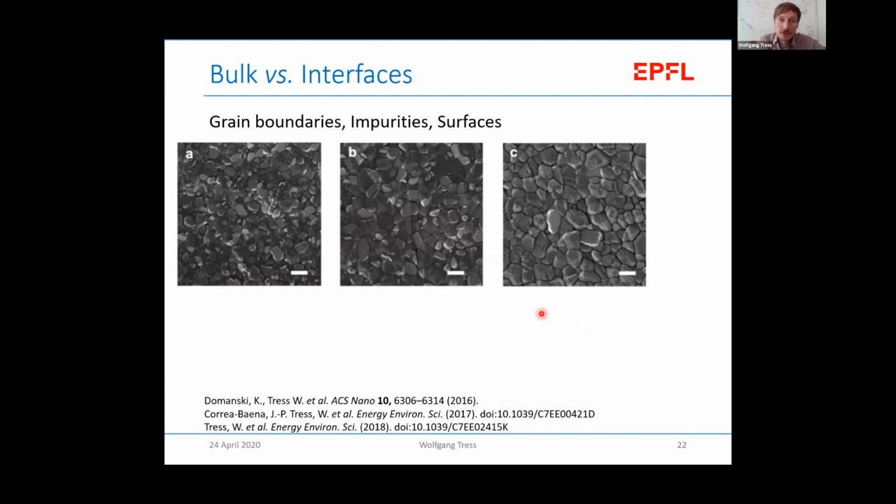This is related to the grain boundaries first. Here you can see that in this study we made perovskite films. These are SEM pictures, top view, where we varied the grain size by changing the concentration of precursors in the solution.